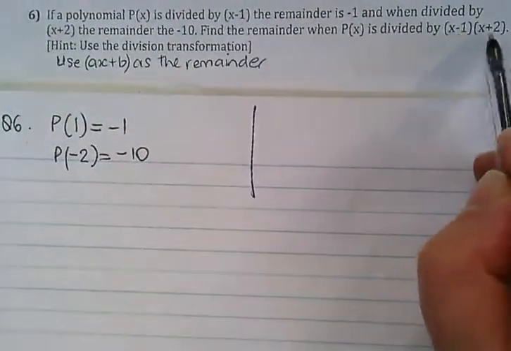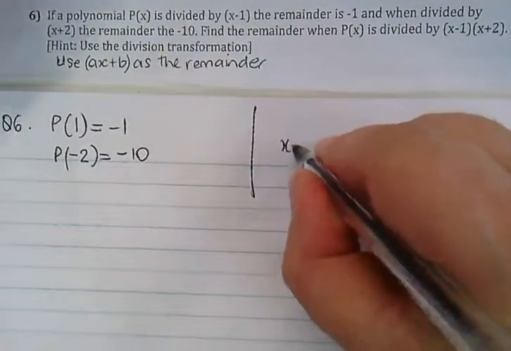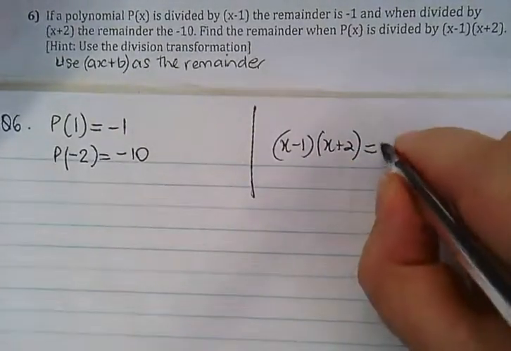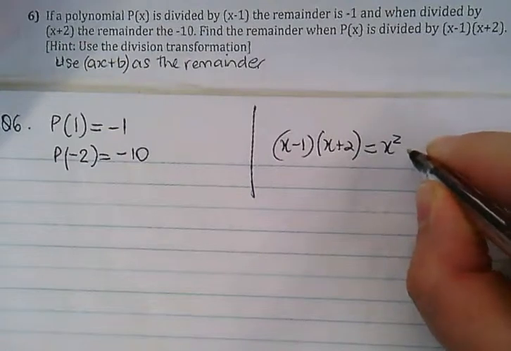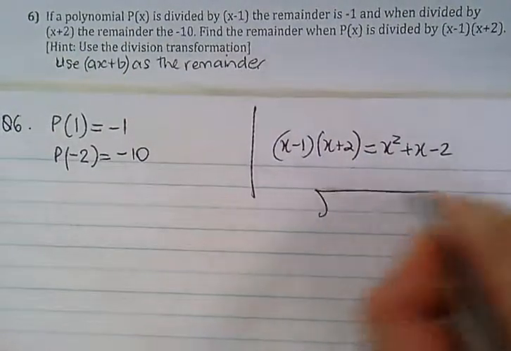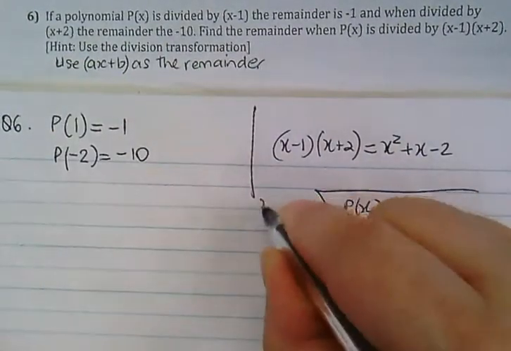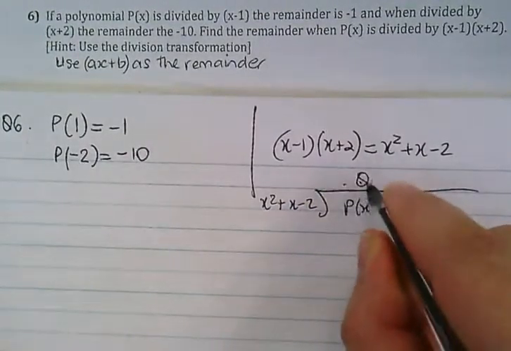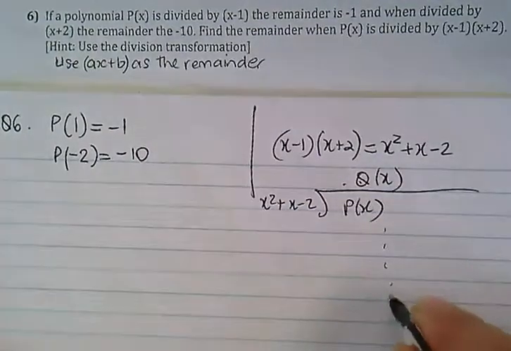If you're dividing by x minus 1 times x plus 2, what does that equal? x squared plus 2x minus x is plus x, minus 2. So just imagine yourself dividing your polynomial in x by x squared plus x minus 2, right? And you end up with your quotient up here, and you end up with your remainder.